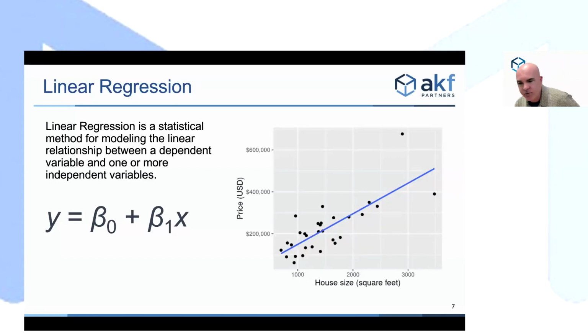And so what happens with linear regression is we're basically trying to create a line that cuts through the center of our plotted data, right? And the reason for that is prediction. And in many cases, this is close to all you need to get some really good answers. So this example in this chart is just a plot of house size in square feet versus price in a given market.